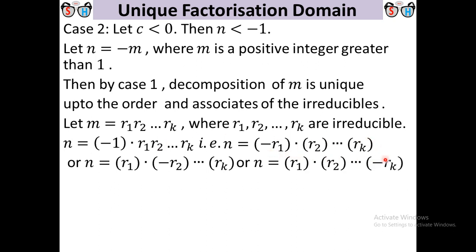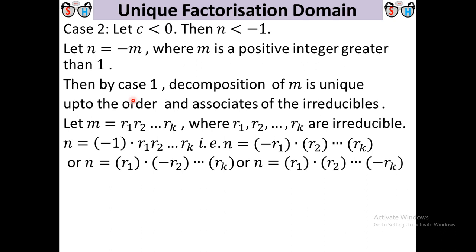So all the expressions are unique up to the order and associates of the irreducibles. If I compare these, here minus r1 and plus r1 are associates, r2 and minus r2 are associates, and rk and minus rk are associates. The r1, r2, ..., rk are unique.